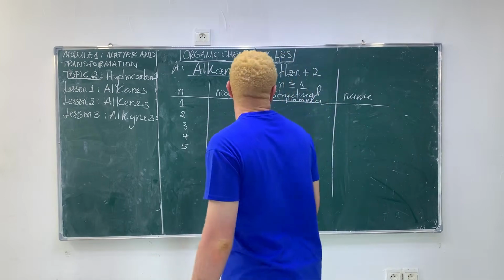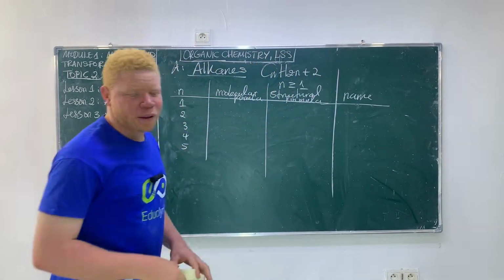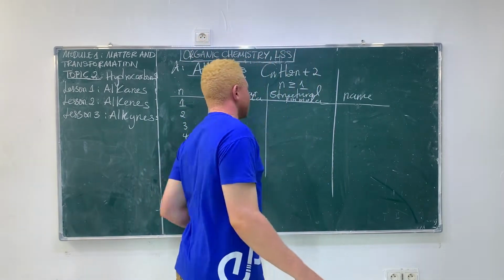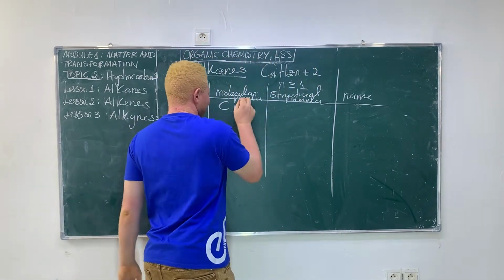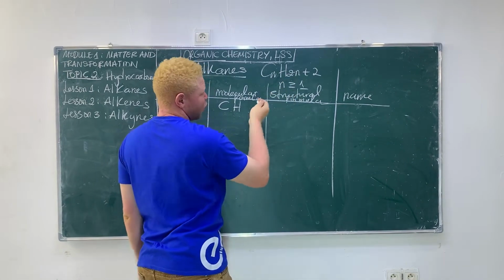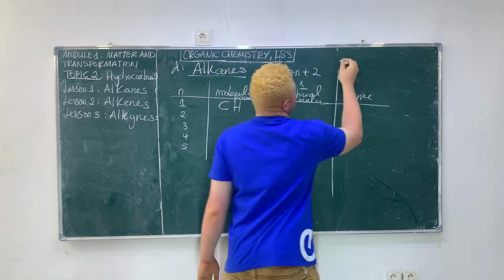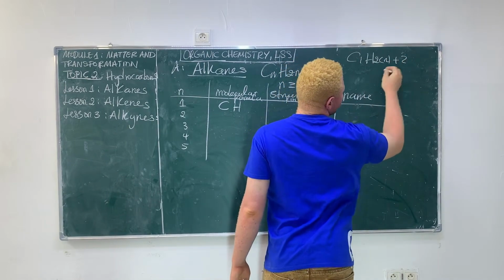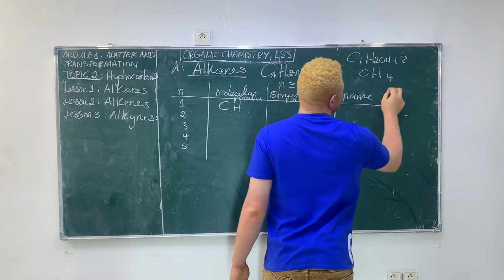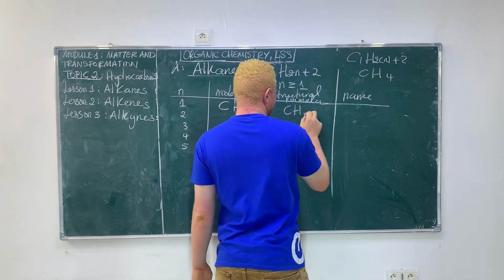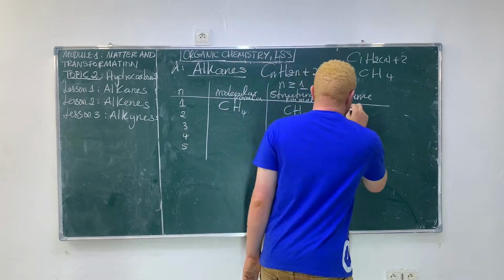Let's put 1 in the formula. We'll have C1, H2 into 1 plus 2, that is CH4. Methane.